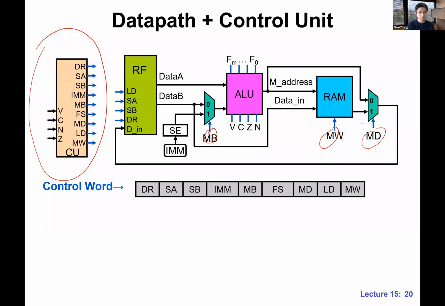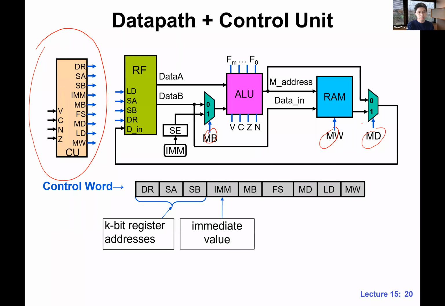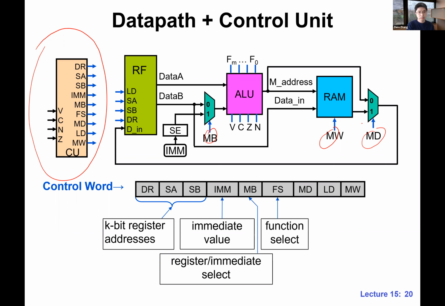And this is the control word. So basically, this is the bundle of the control signals that we have already seen. Okay. Just want to remind you, these 3, DR, SA, SB, are the register addresses. IM is the immediate value. Right? MB is the select, where we want to select either the data B or the immediate value.